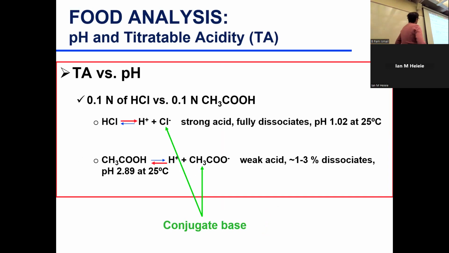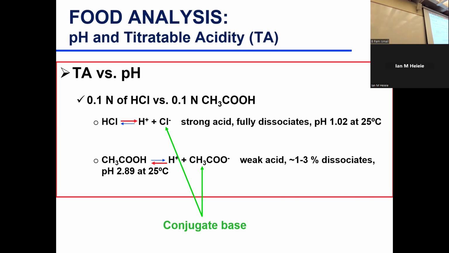Here's the example of HCl 0.1 normal versus 0.1 normal acetic acid. HCl has a very high level of dissociation. It's not a weak acid, it's a strong acid, so it dissociates readily, and it will have a very low pH of 1 at this particular concentration.